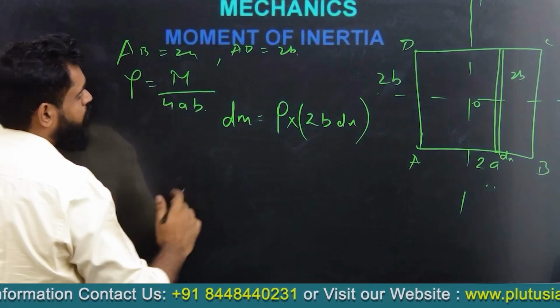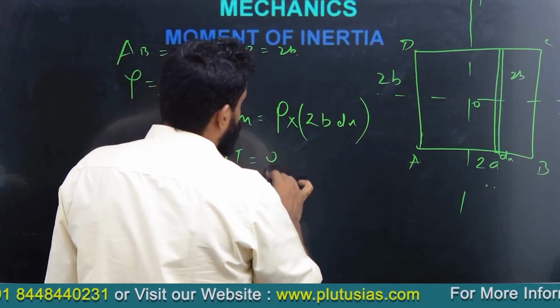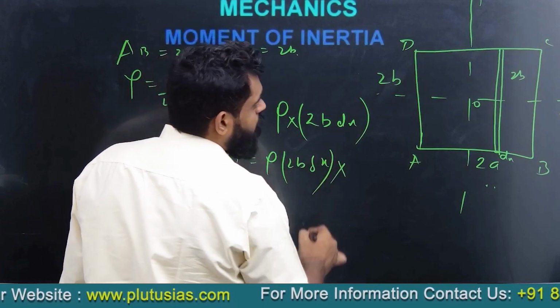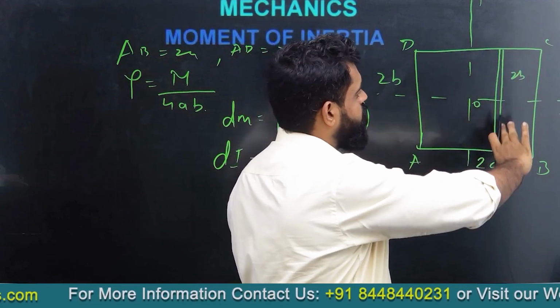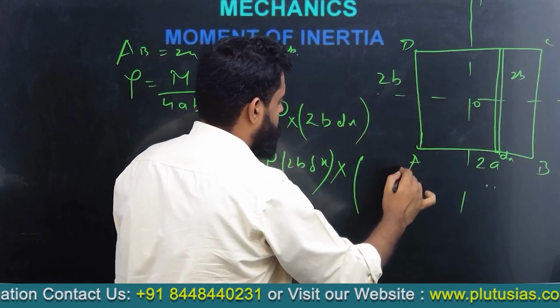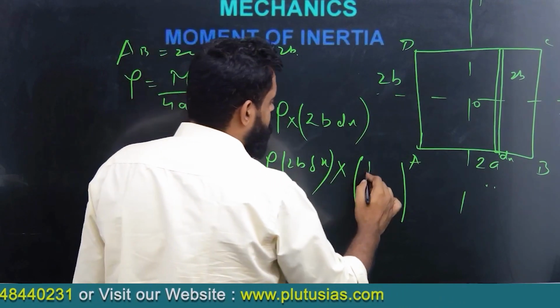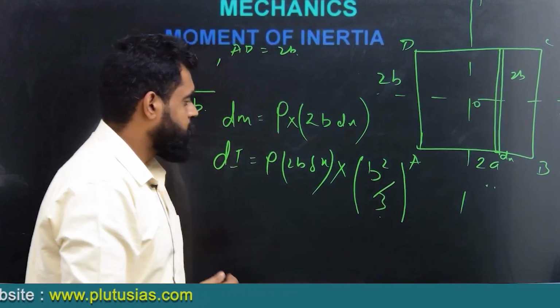So the moment of inertia dI would be rho into 2B dx, and since the size of the rod is 2B, it would be m b square upon 3.